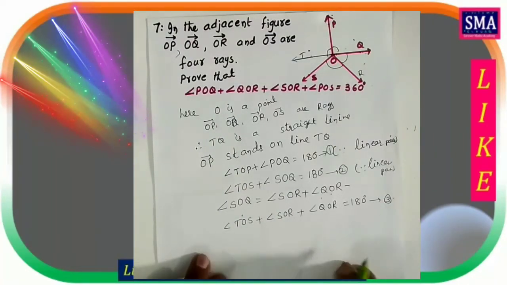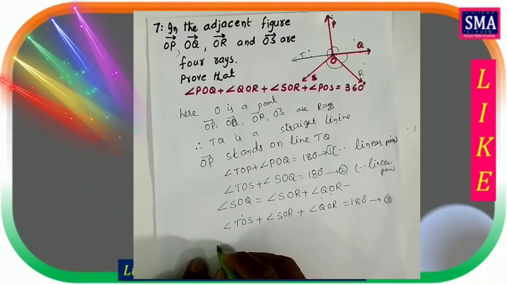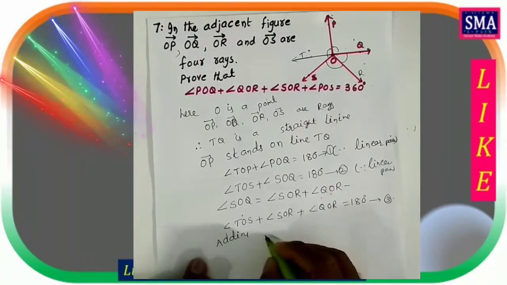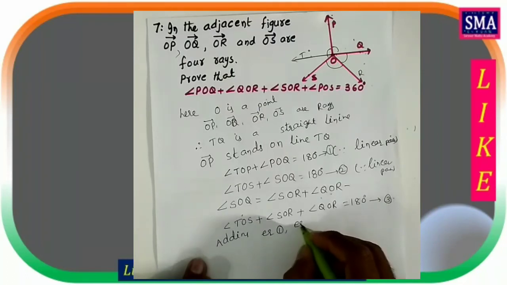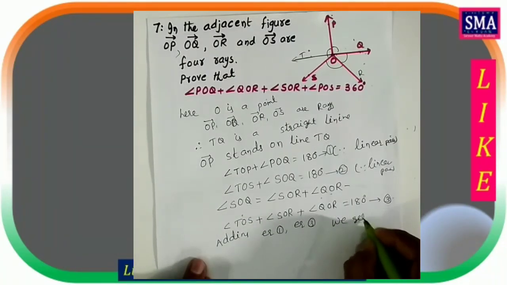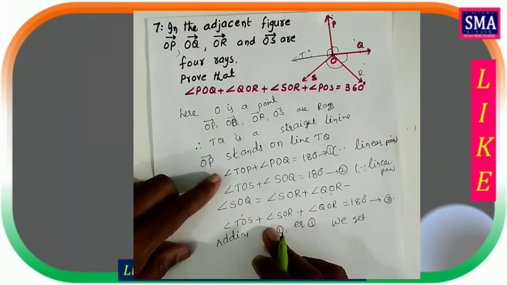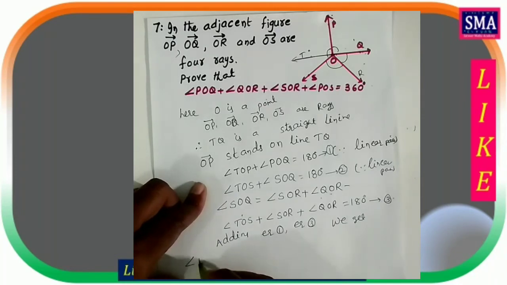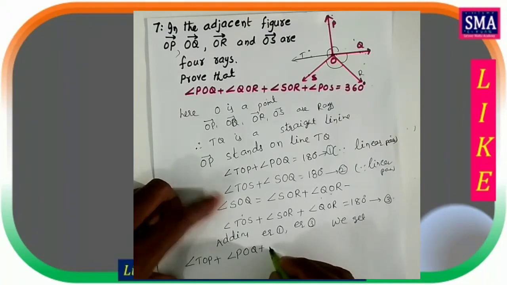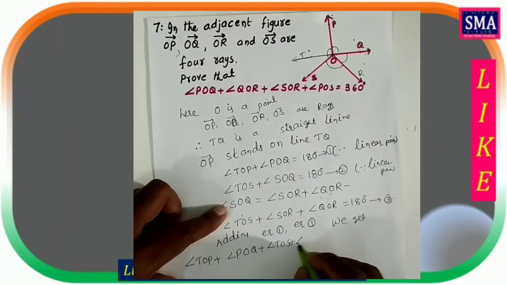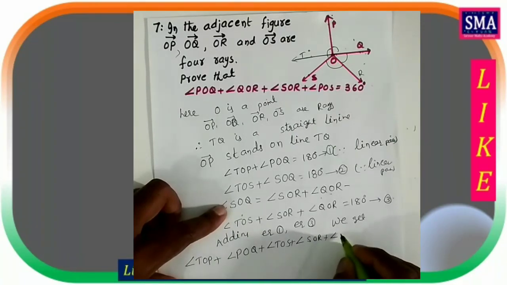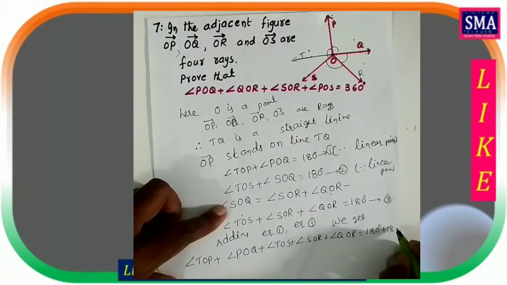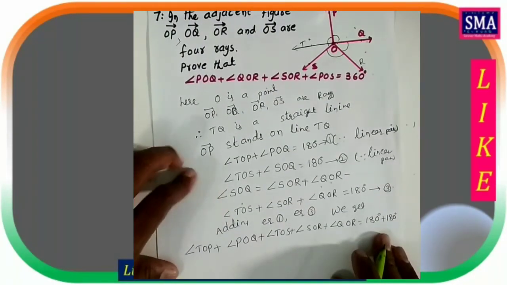Okay students. Next one, adding equation 1 and equation 3, we add LHS with LHS and RHS with RHS. So LHS: TOP plus POQ plus TOS plus SOR plus angle QOR, equal to the right side, 180 degrees plus 180 degrees.